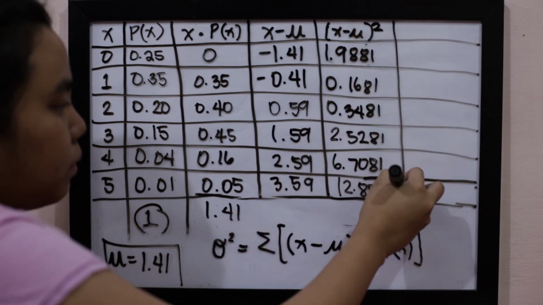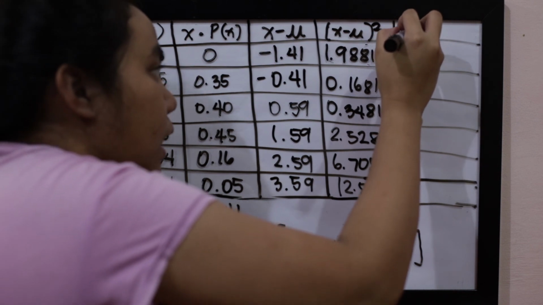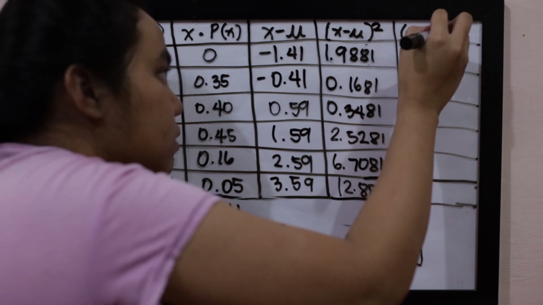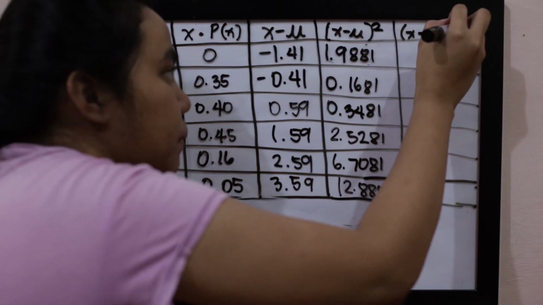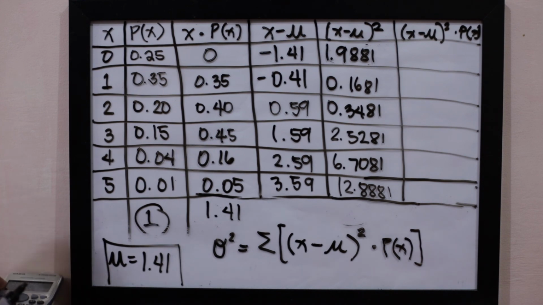So, another column for x minus mu quantity squared multiplied by the probability of x. So, what we're going to do is 1.9881 multiplied by 0.25. So, the answer is, you just round it off to, if you use 4 decimal places, edi okay lang. Pero I highly suggest 2 lang para we will not deal with a lot of numbers.